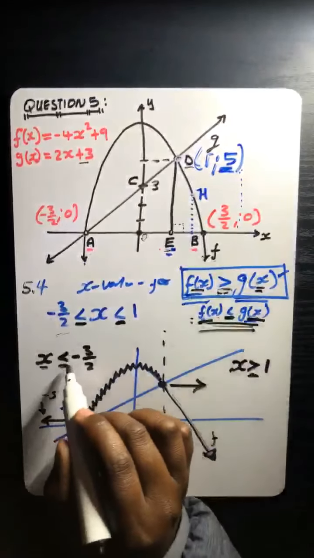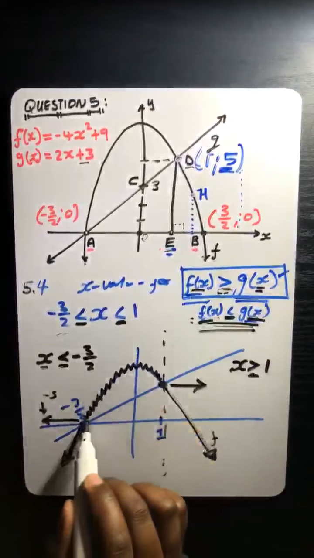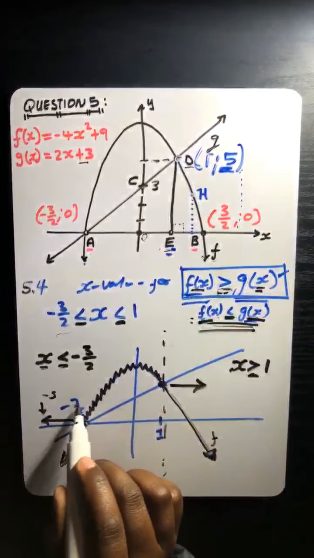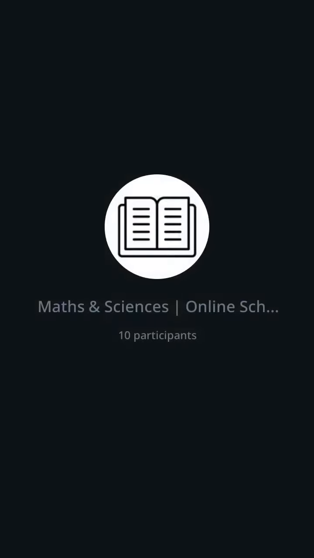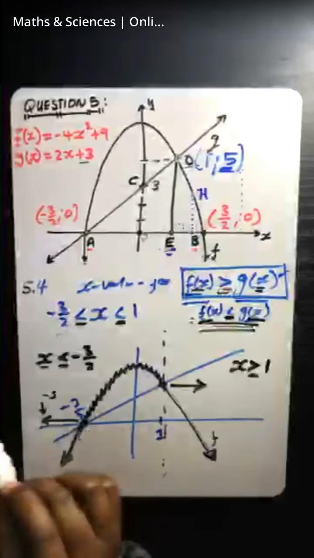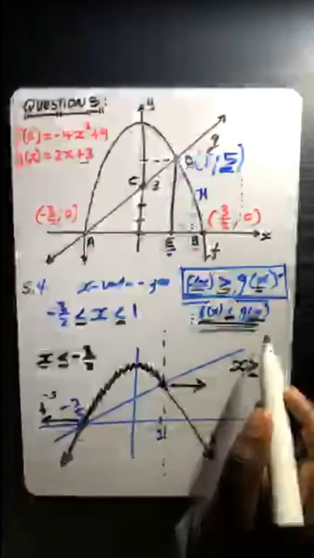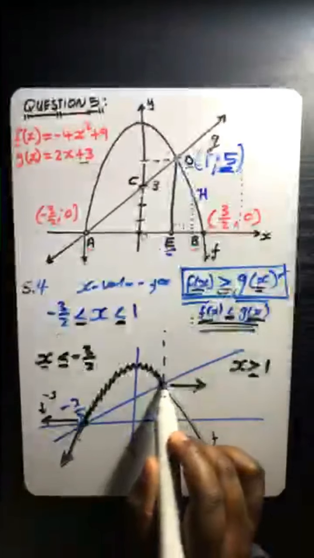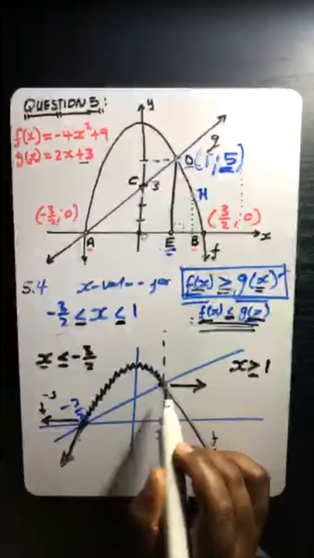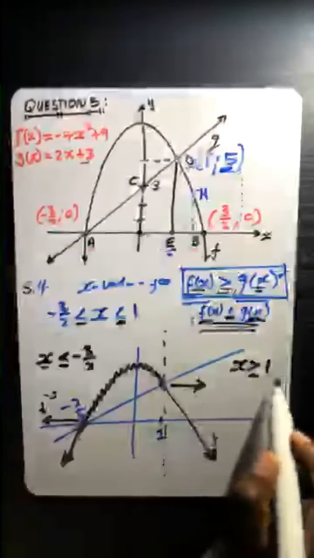So the less than or equal to simply says from negative 3 over 2, including that negative 3 over 2, in that direction, that's where that statement is true. From 1, including that 1, in that direction, that's where that statement is true.